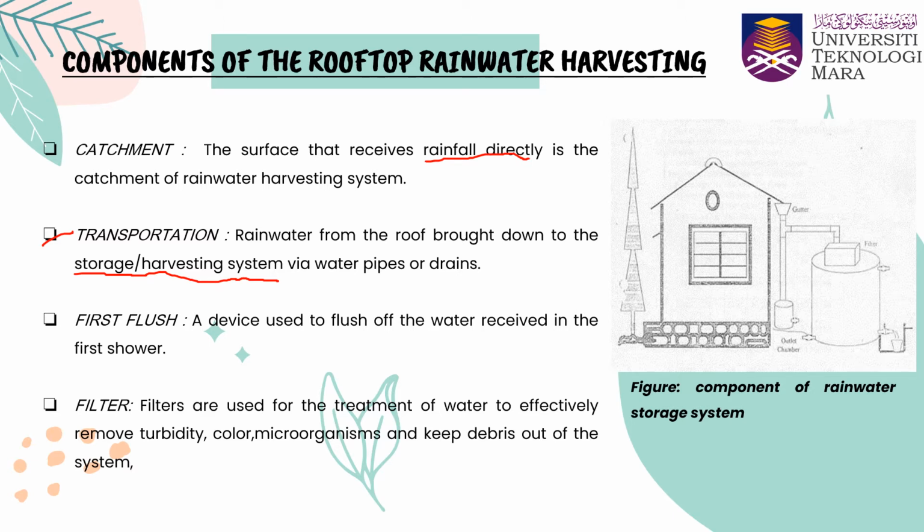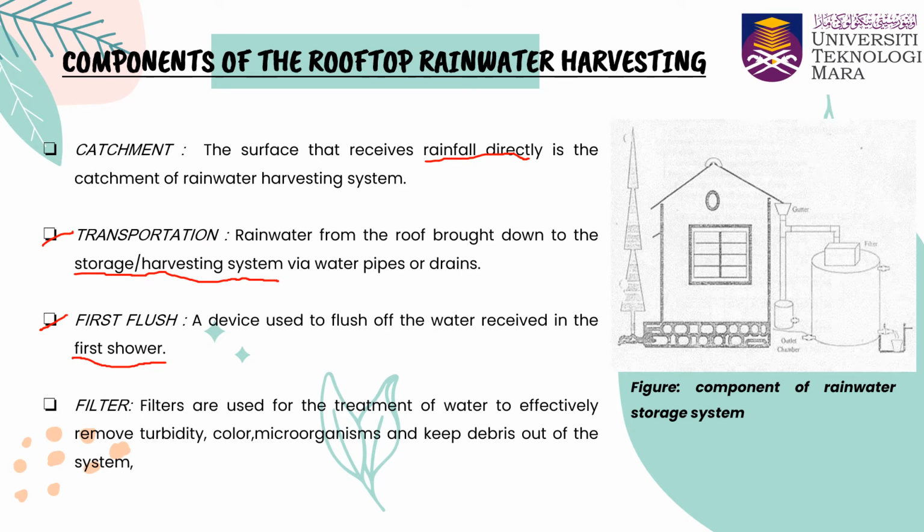And then we have a first flush. First flush is a device used to flush off the water received in the first shower. So basically the usage of rainwater harvesting can be calculated using how many flushes.